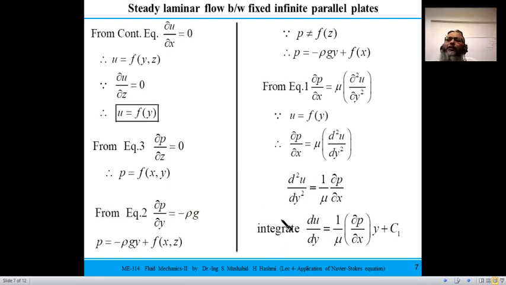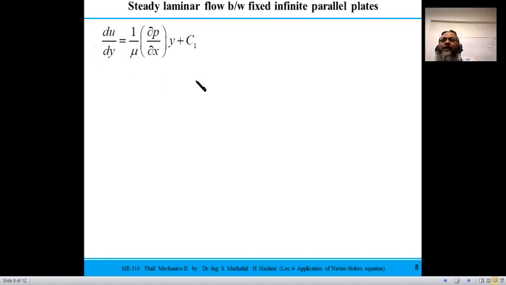If you integrate, the second order term converts into a first order term, and since the whole thing is varying with y, y is here, plus some c1, a constant of integration. The next step is to integrate again so that you have u as a function of y.